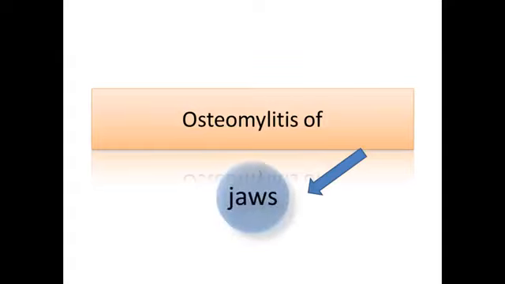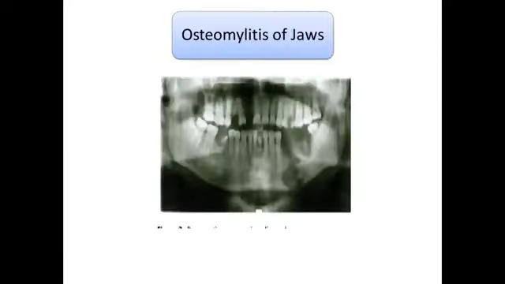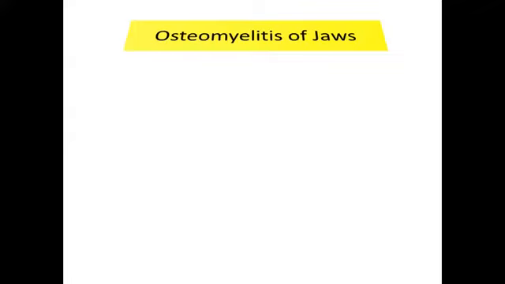Osteomyelitis of jaws يعتبر less common than other sites, but is a highly destructive lesion, defined as infection and inflammation of bone marrow, which then quickly extends to the periosteum. It appears as radiolucency in a radiograph.